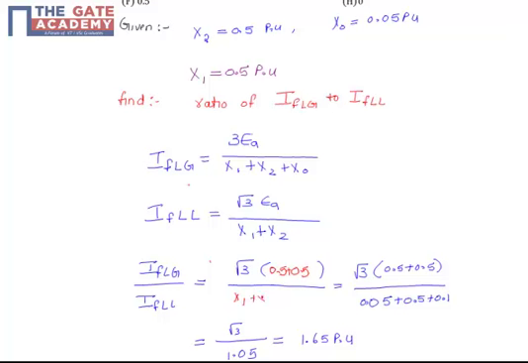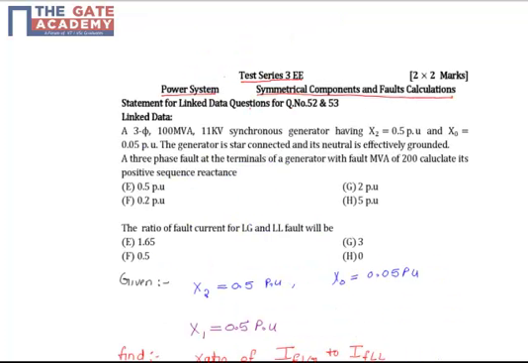The 3 divided by √3 becomes √3, and EA gets cancelled. Substituting the values of x1, x2 and x0, we get the ratio of the fault current line to ground to the fault current line to line. After solving this, we get the ratio as 1.65 per unit, which is option A.